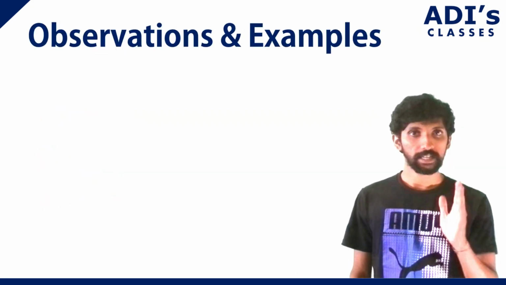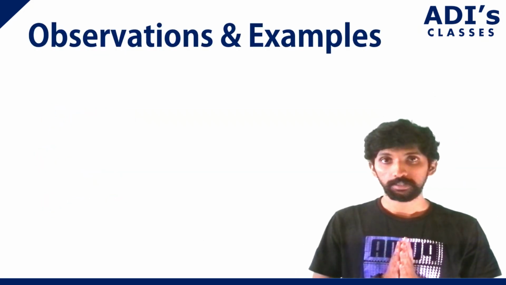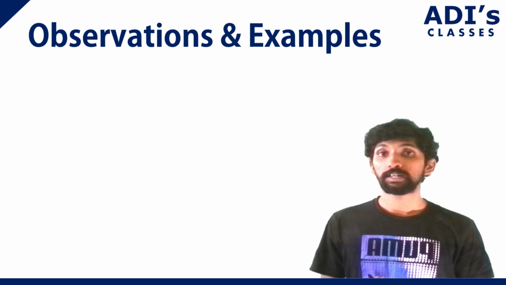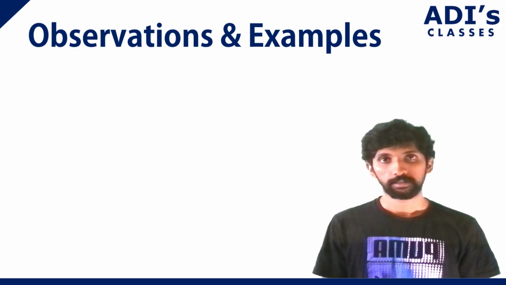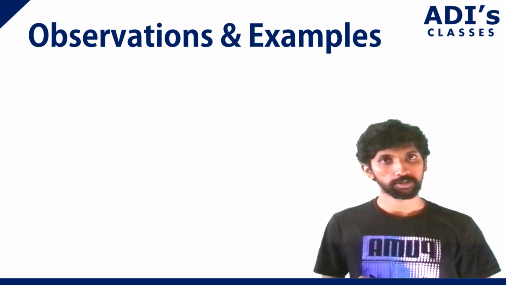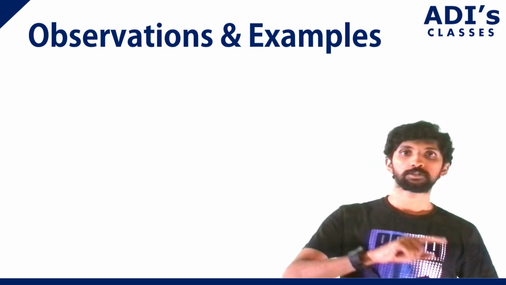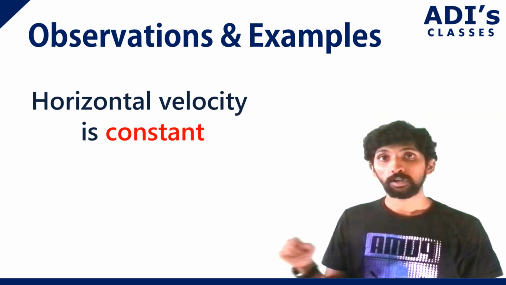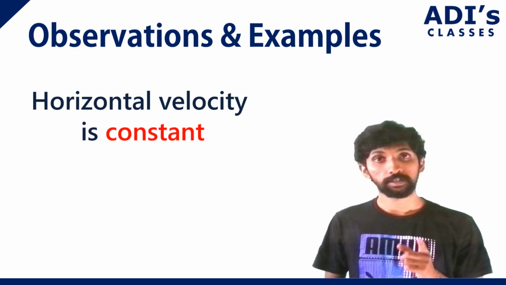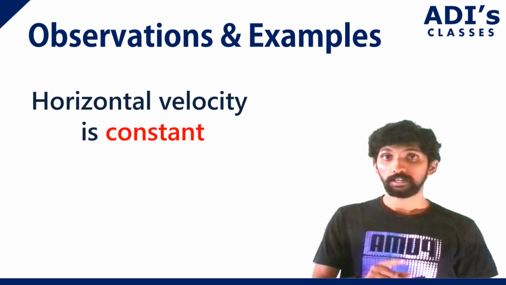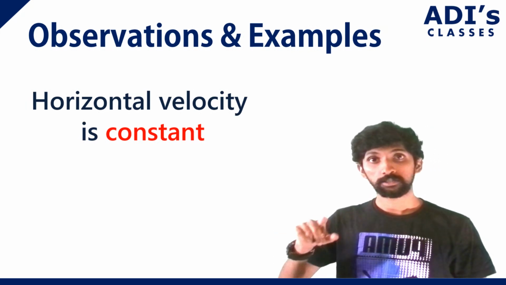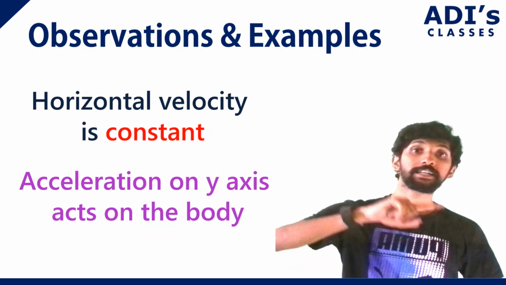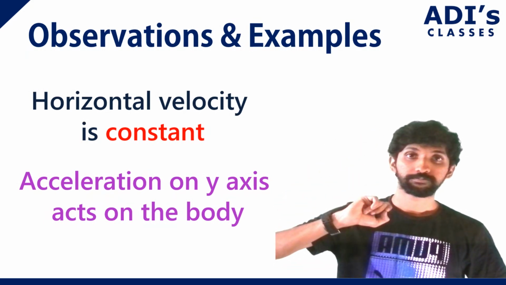Take an example. In the last chapter you learnt about projectile motion. If you remember, the object was going in a parabolic path, and the horizontal velocity was constant. Why is the horizontal velocity always constant? Because in projectile motion, only the vertical acceleration is acting on the body.